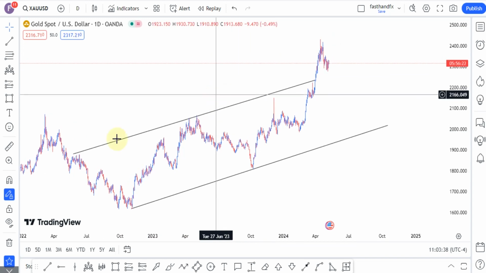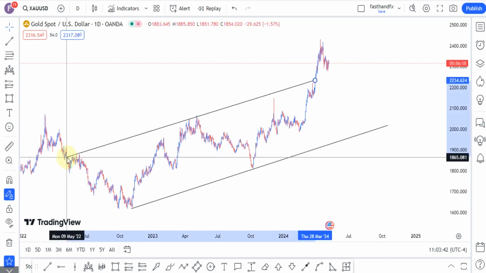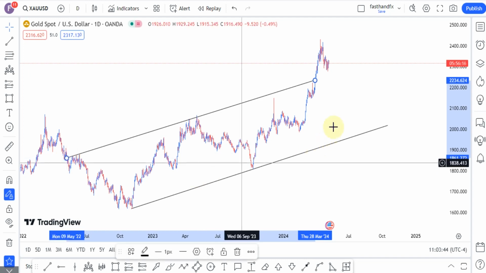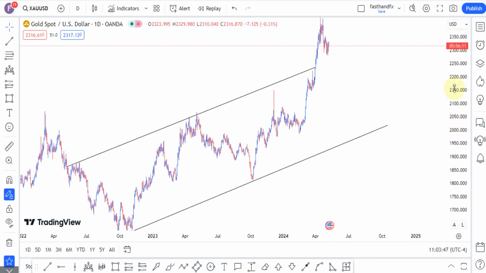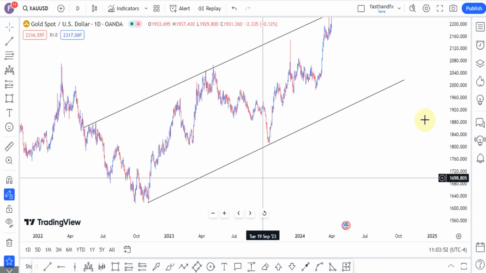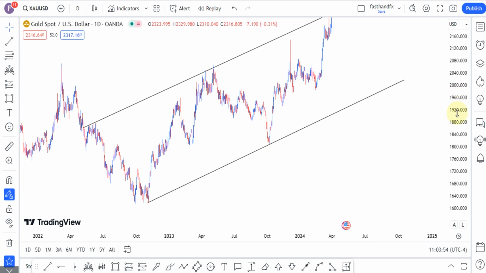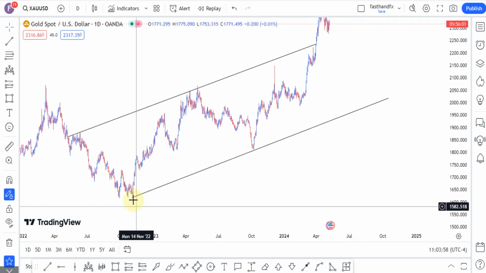So when you look at this market, guys, this market is trending upwards. And how do we know that? Because as you can already see, these trend lines are showing us that the market is moving upwards. So when you see a market is moving upwards, that's a bullish market. And in a bullish market, we normally look for buy entries, guys. We never sell in a bullish market.